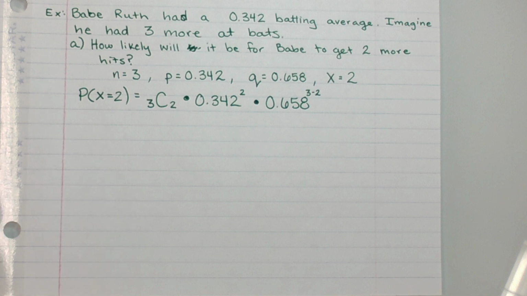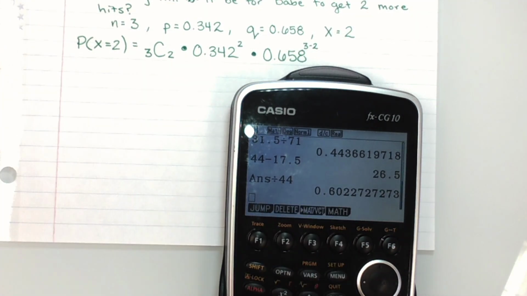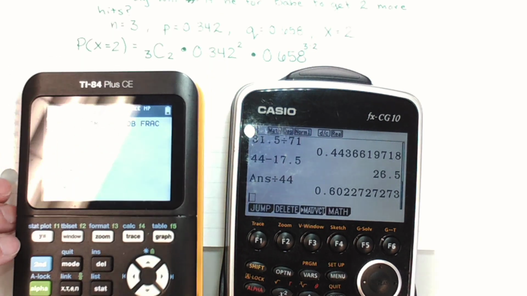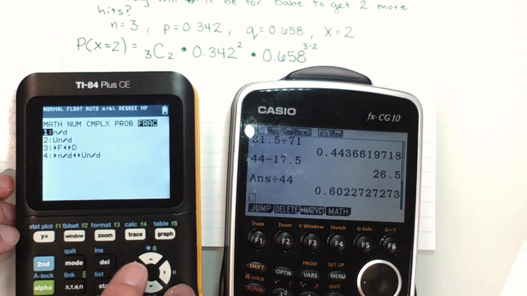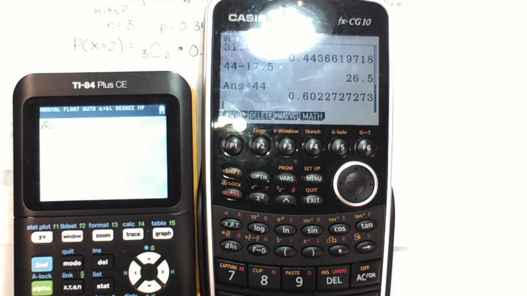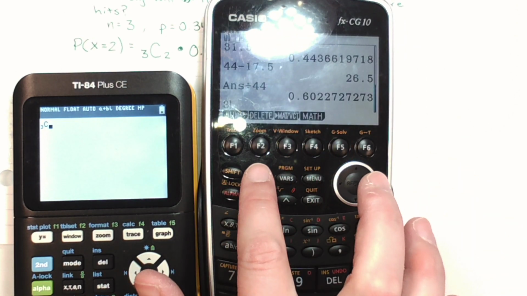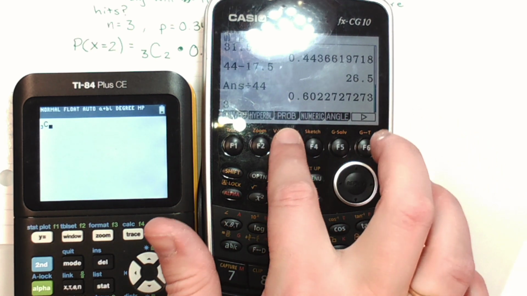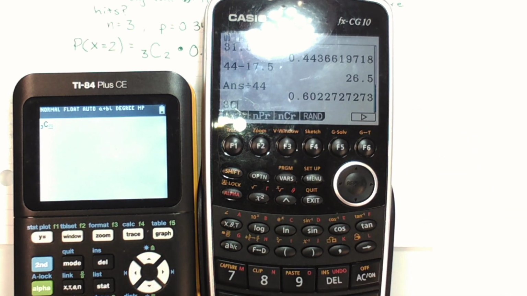Y'all remember how to get to the combinations in your calculator? Start by putting the 3 in first. On the TIs, you go to math. Scroll over to the probability menu, and it's the third option. On the Casios, you put the 3 in first. It's under option. Scroll over using F6 until you find the probability menu, and it's F3.